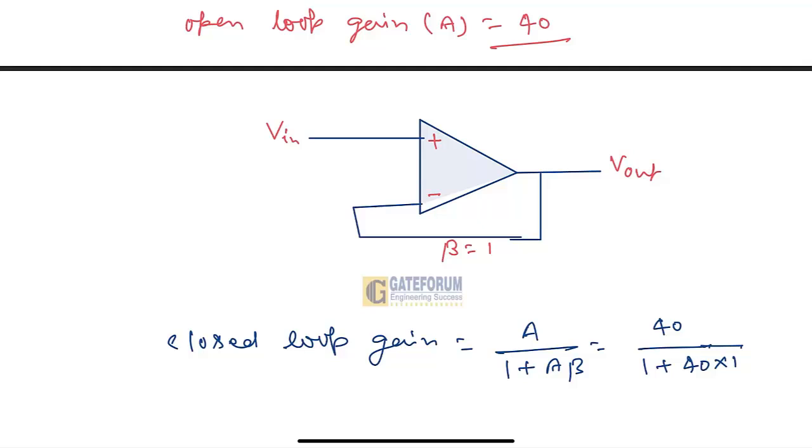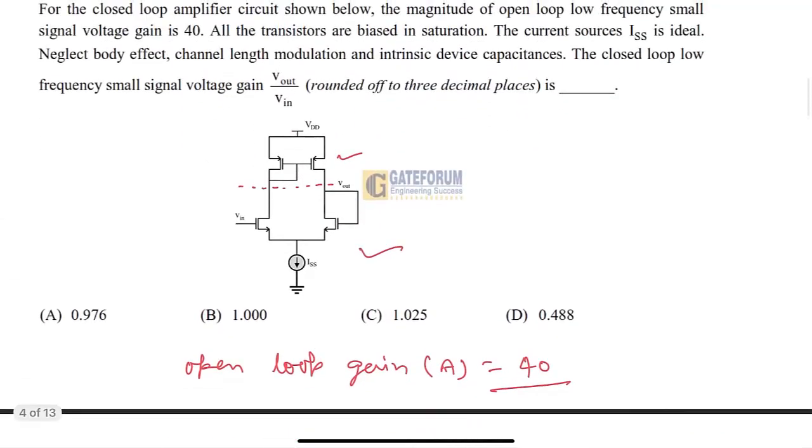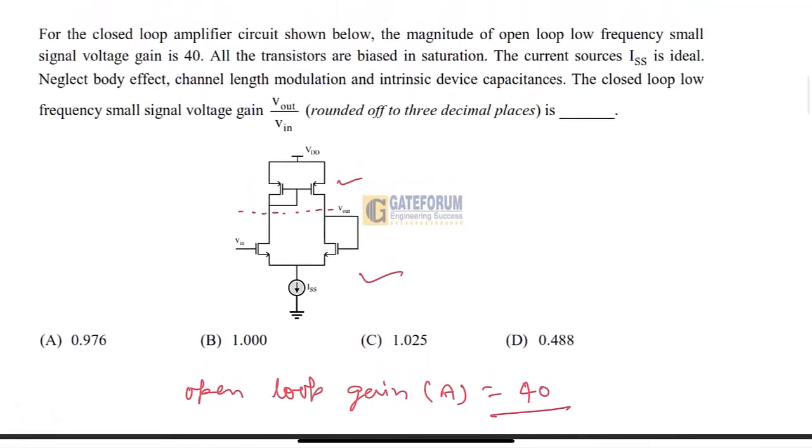So this becomes 40 by 41, which gives the value 0.976. This value matches option A, so option A is the right answer for this question. This is the end of the explanation for this question.